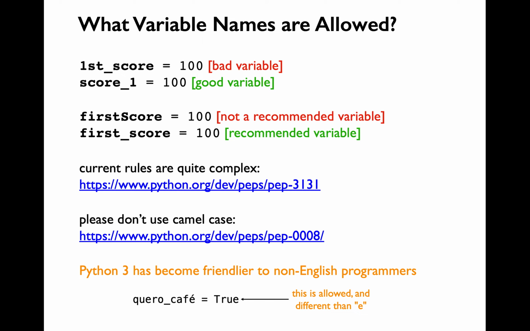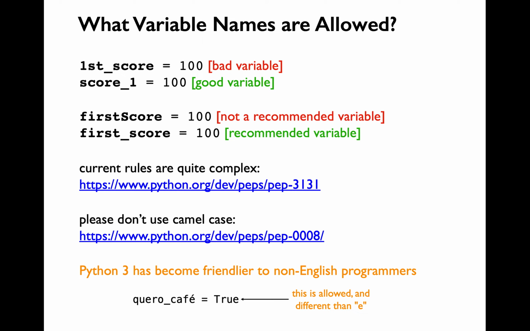It is recommended for you to not use camel case with respect to Python 3 variable names. What exactly is camel case? When you want to combine two words to form a variable name, you capitalize the first character of the second word in order to combine both of those words together.